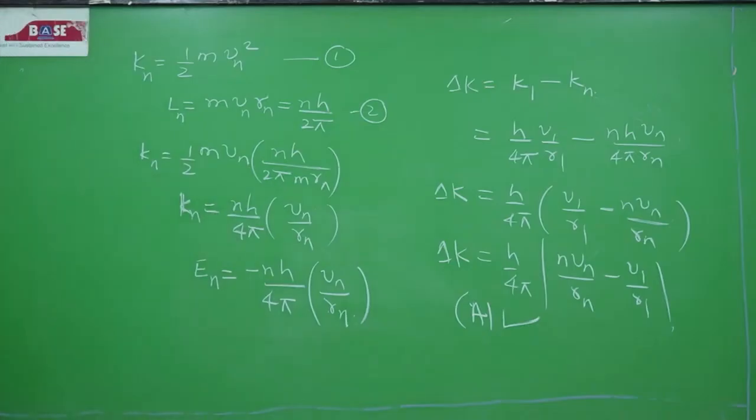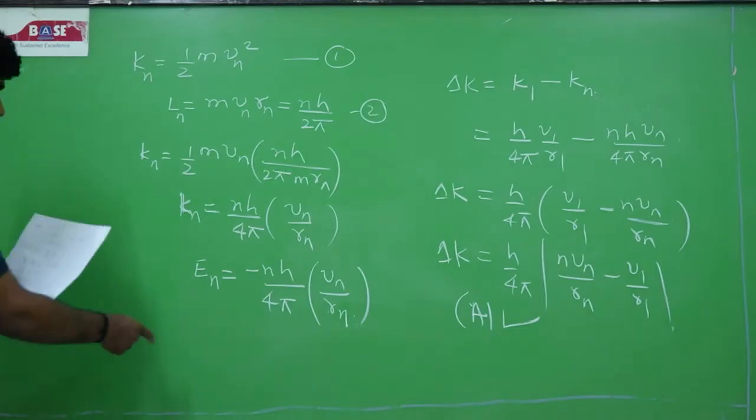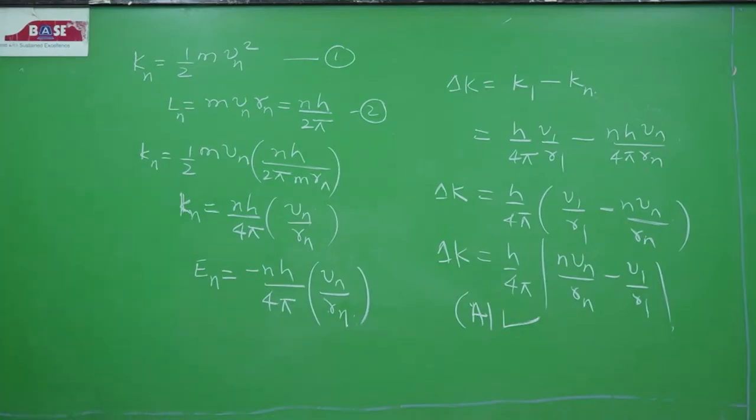Okay. Now using this logic, we can think of total energy change. If you observe this expression, don't you think the total energy change should be exactly the same value with a negative sign? So again, we'll go back to our options.